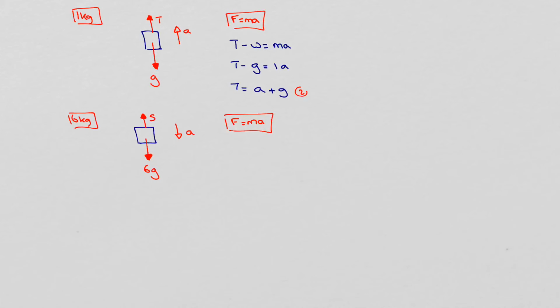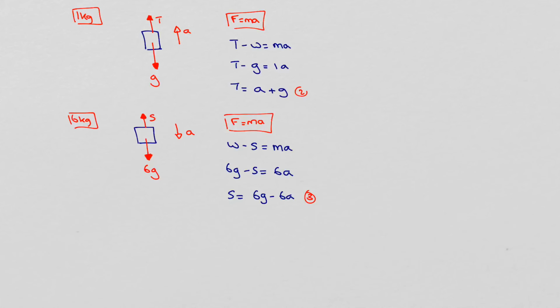So therefore our net forces can be found by getting the difference between the weight and the tension. And because it's accelerating down, the leading force is the weight. So we say W minus S is equal to MA, where W is 6G, the mass is 6, and the acceleration is A. So again, if I get S on its own, that can be 6G minus 6A. So I now have 3 equations.